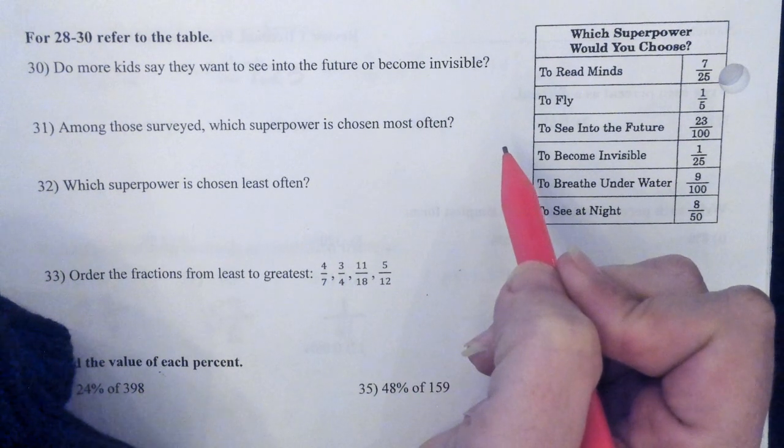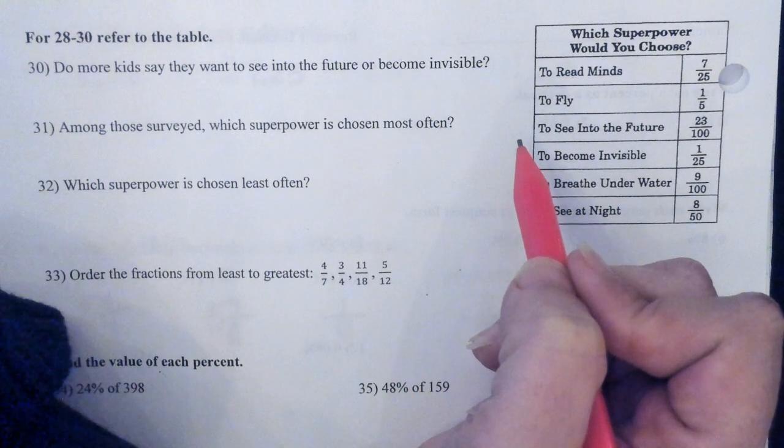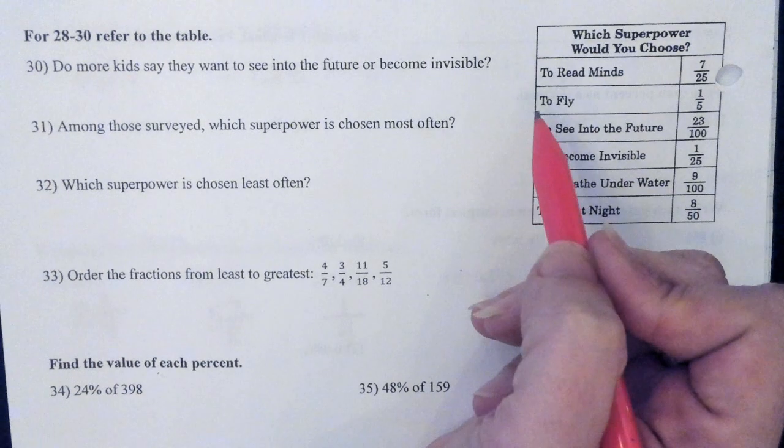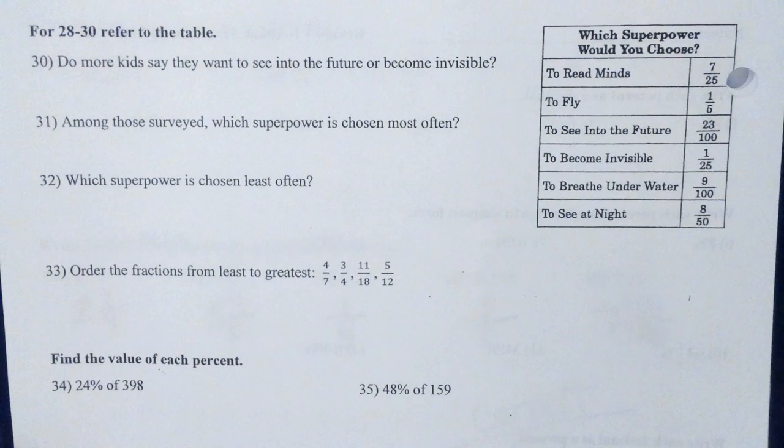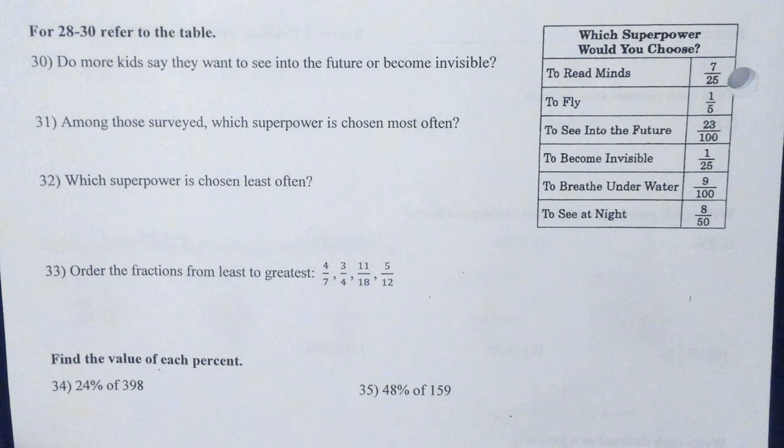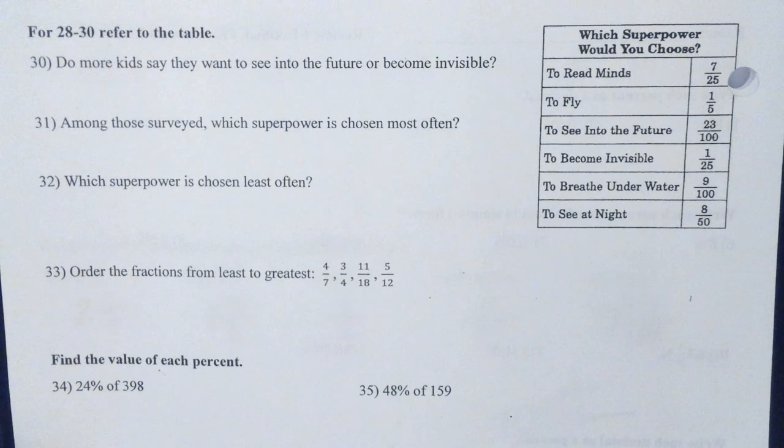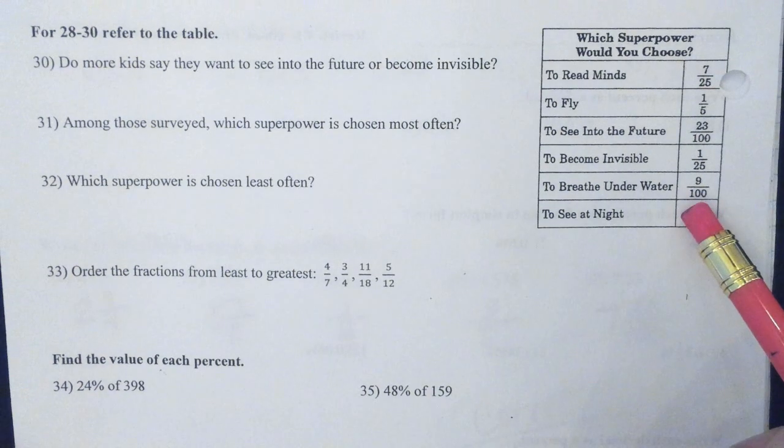The situation is this. We cannot officially compare fractions unless they have the same denominator, the same bottom number. Okay? Or we would need to change all these fractions to decimals or change all these fractions to percents.